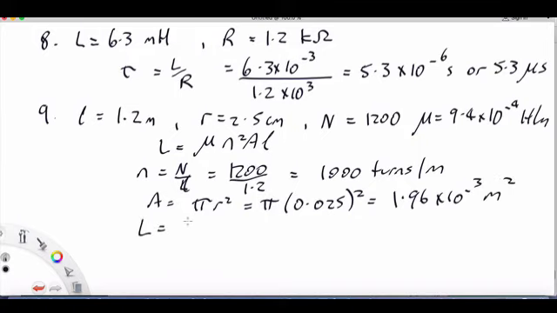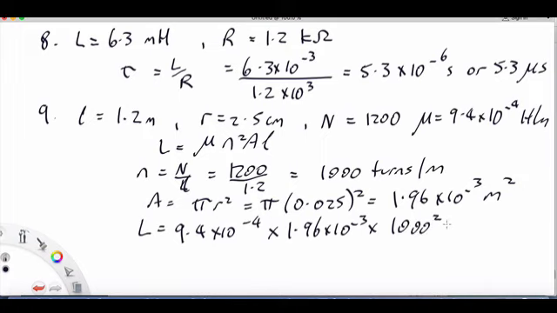So that now gives us an inductance which is 9.4 by 10 to the minus 4 times 1.96 by 10 to the minus 3, which is A, times N squared, which is 1000 squared, times the length, which is 1.2 meters, and all of that together gives us 2.2 henries as the answer for the inductance.